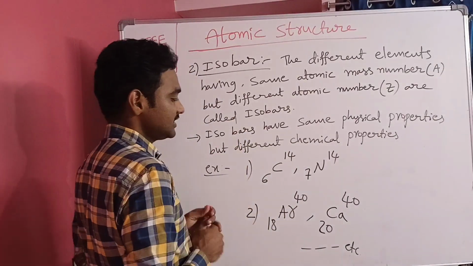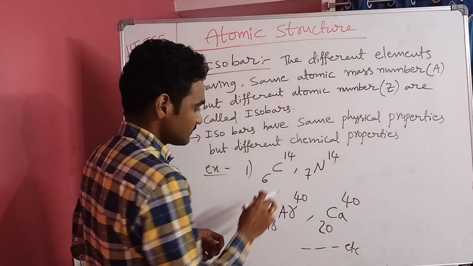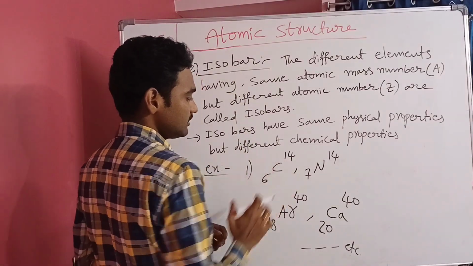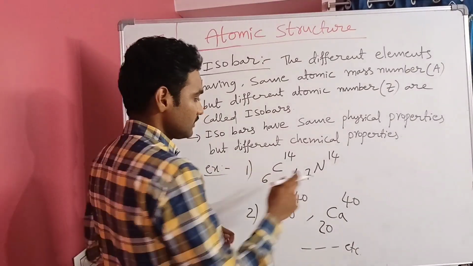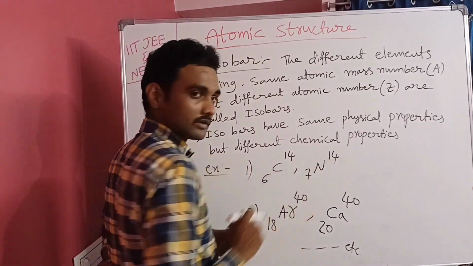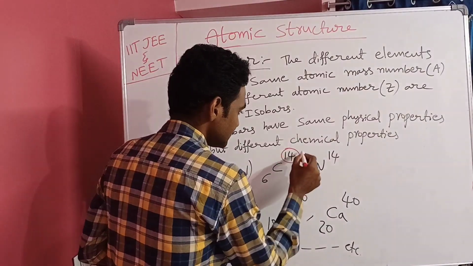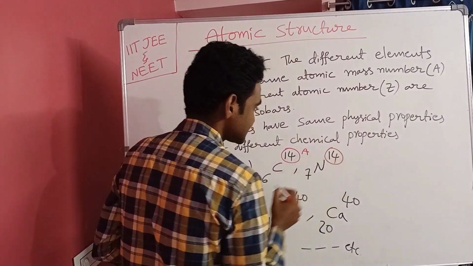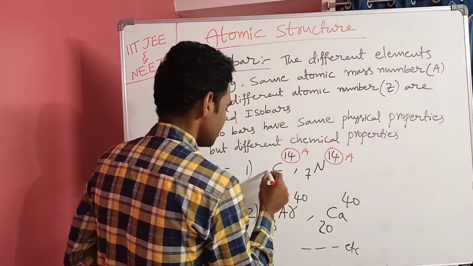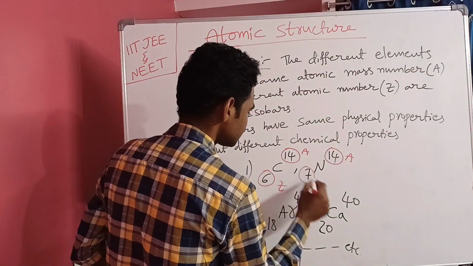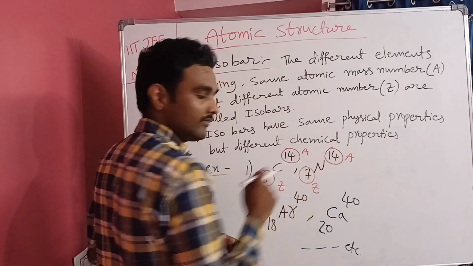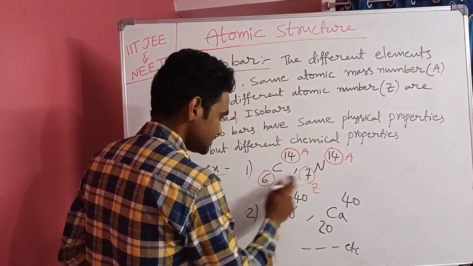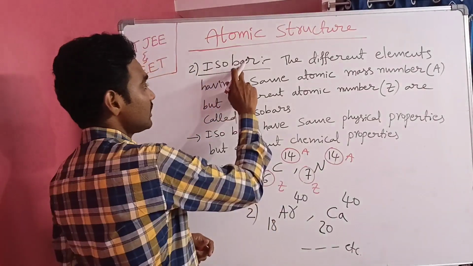Next, examples you have to see. Isobar examples: carbon-14, actually carbon-12, but it is one of the isotopes of carbon, and nitrogen-14. Here this is A, the atomic mass number, and this is Z, the atomic number. Same A value but different Z values are called isobars.